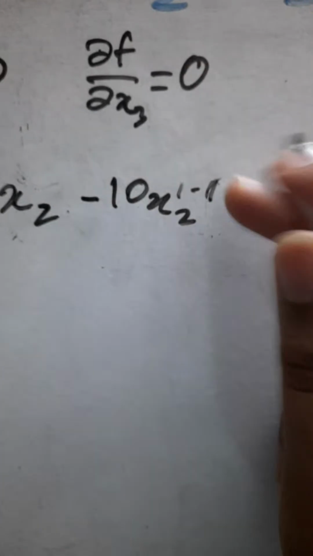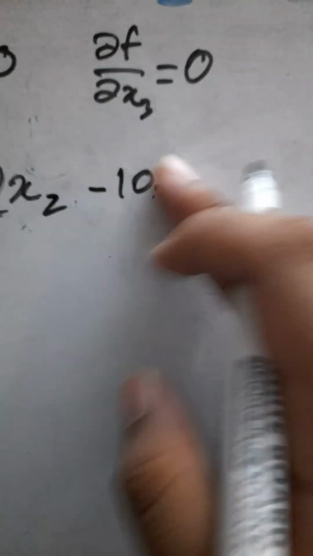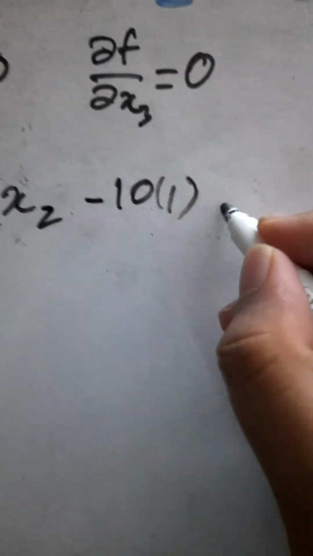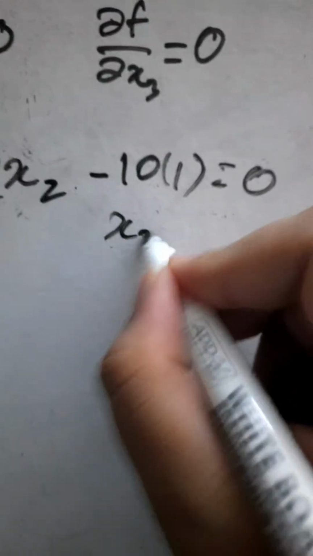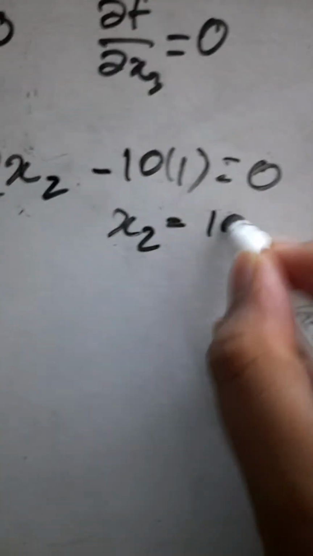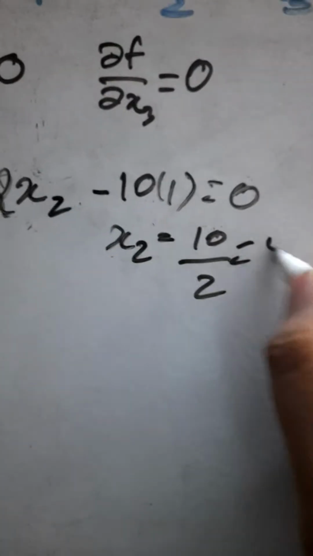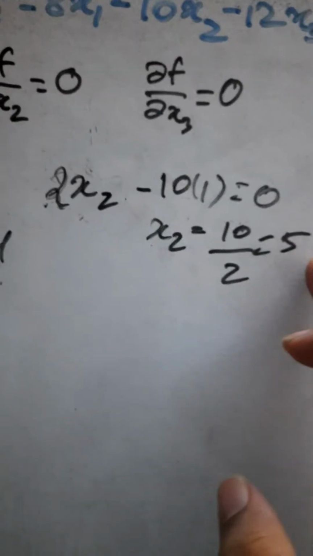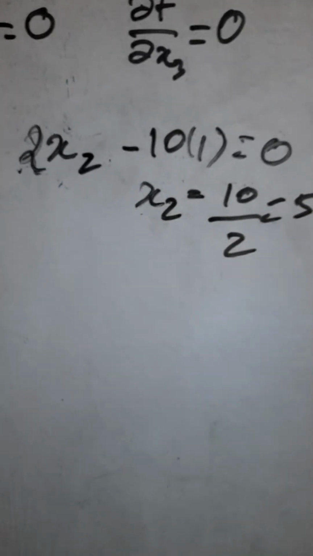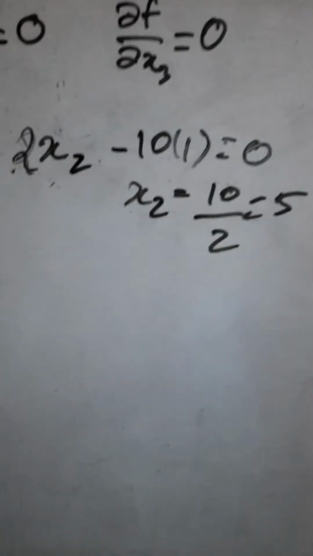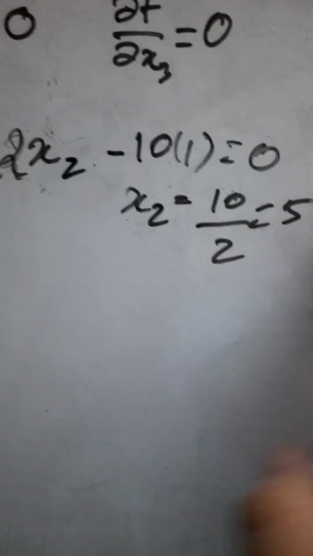And since the power of the other term is 1 minus 1, which is 0, the x part becomes 1, so it's just the constant itself, so equal to 0. So x2 equals 5, because it's 10 by 2, which is 5. Sorry if this is a little fast, you can tell me in the comments, but till then I guess you're comfortable with the pace.